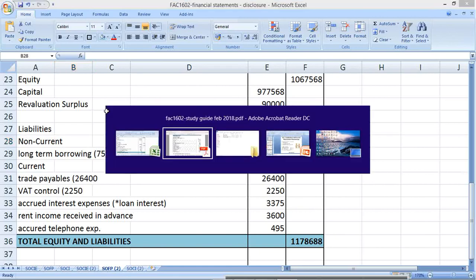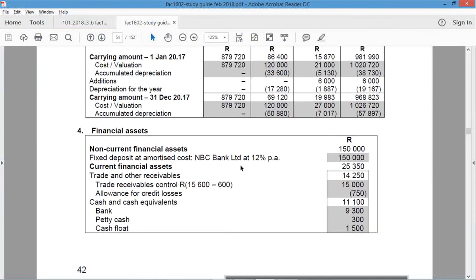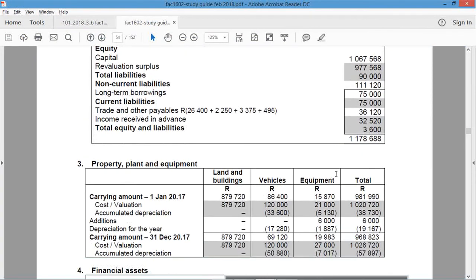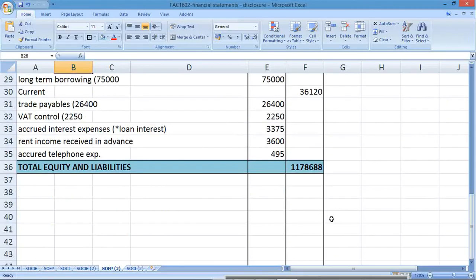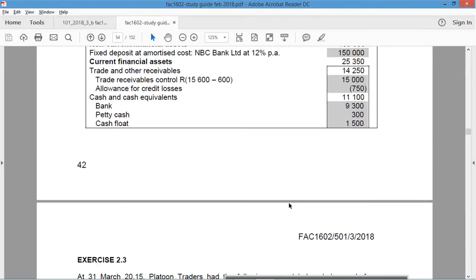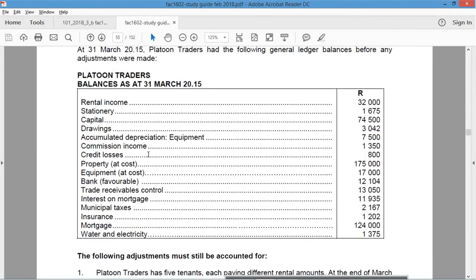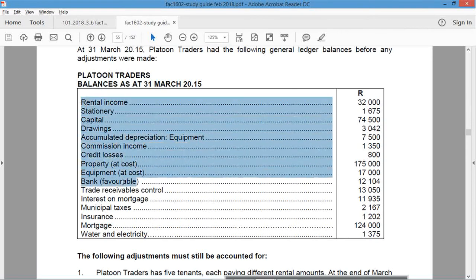We can go and check now, to see what the total assets and liabilities were. There it is. So there's nothing wrong with what we did. If there was a problem, then we'd have to go back and see where we made a mistake, and then fix it if need be. Alright, so I want to check what you did here. Just to spot test you again, tell me what these things are.